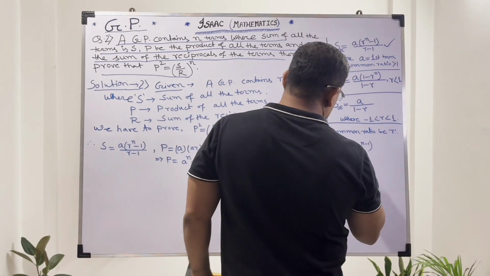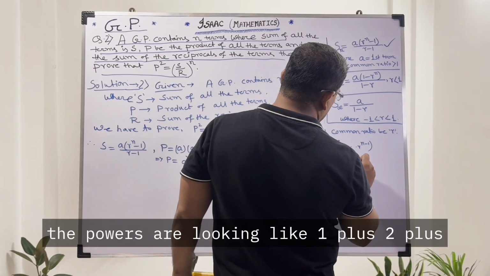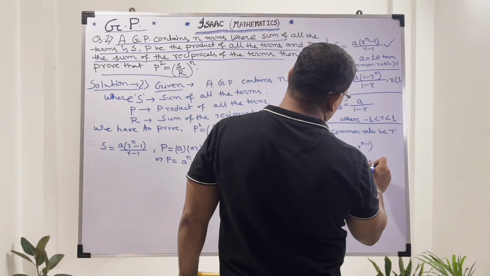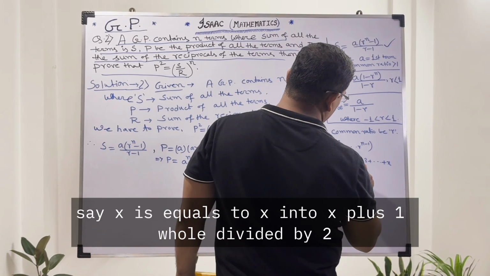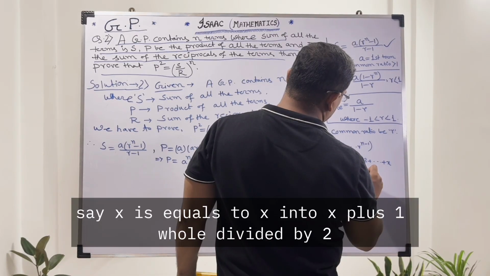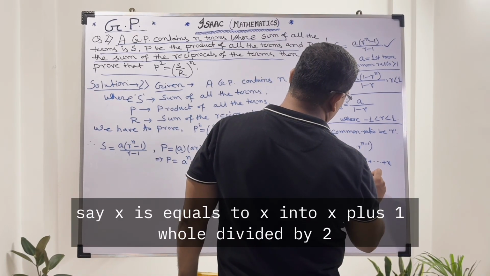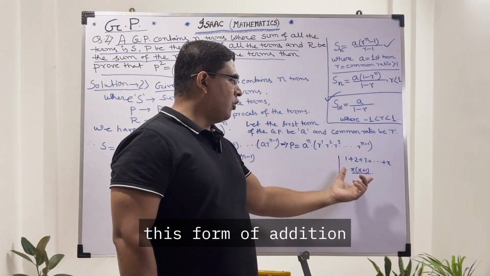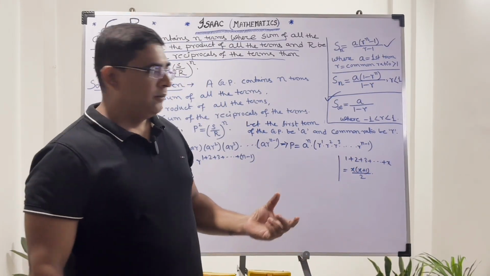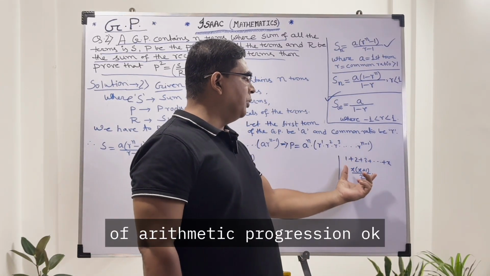Now the powers look like 1 plus 2 plus 3 plus continuing plus x, which equals x into (x plus 1) whole divided by 2. Already we know this form of addition of arithmetic progression.